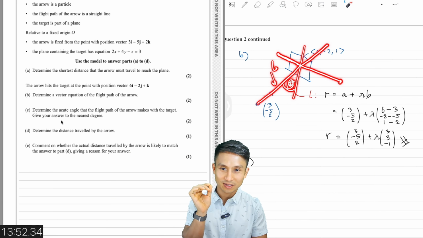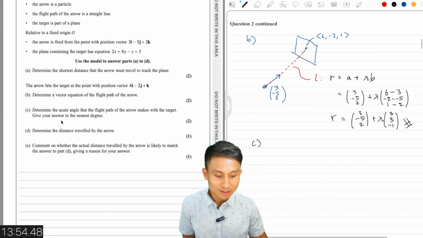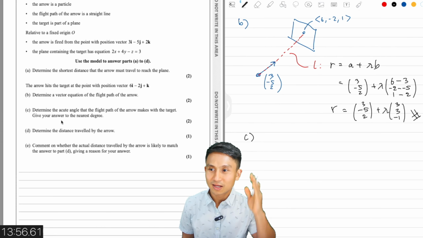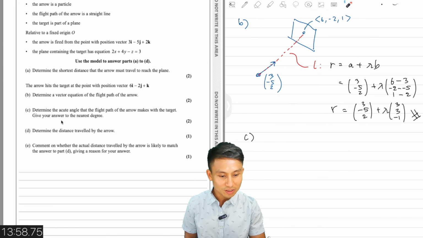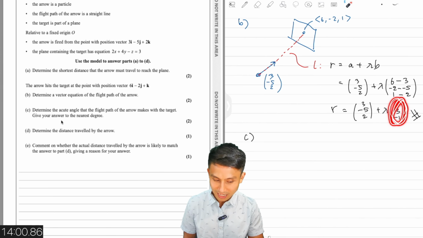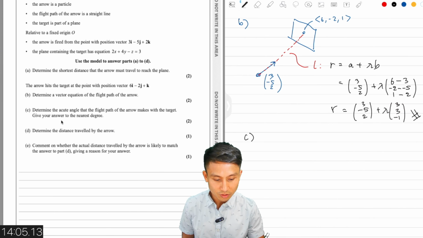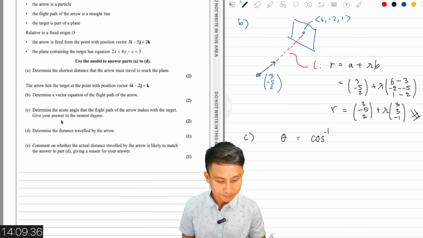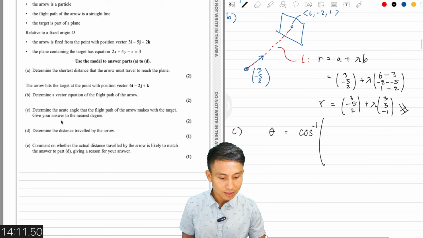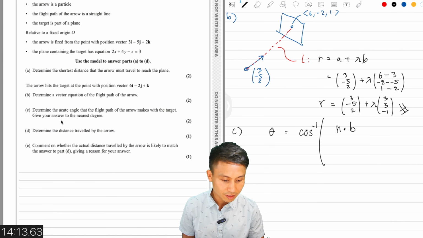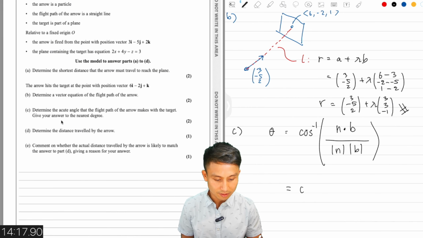So we can find the angle between the direction vector b of the line and the normal vector of the plane. So theta equals arc cos of n dot b divided by |n||b|.